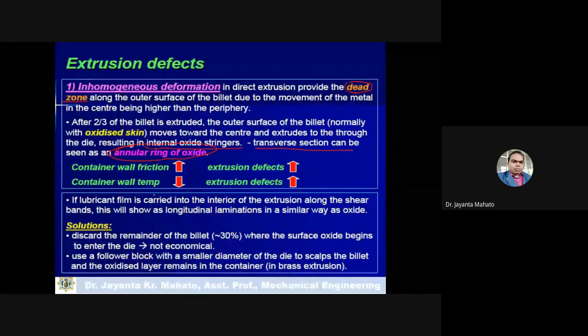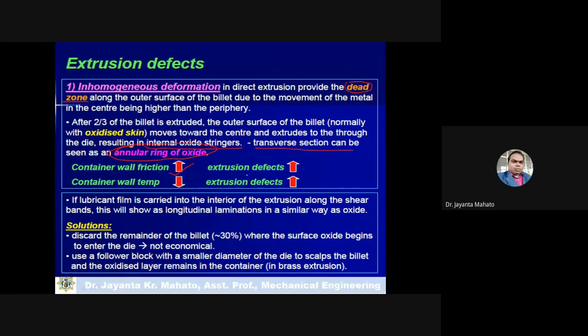Now, if you increase the wall friction, container wall friction, then these extrusion defects also increase. And even if the container wall temperature is decreased, then extrusion defects also increase. Okay. Now, what is the solution?